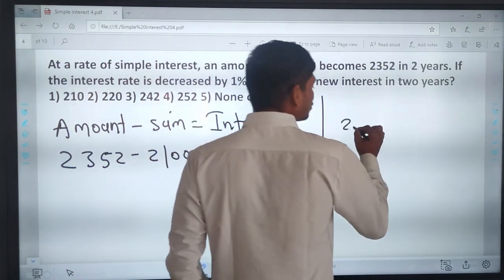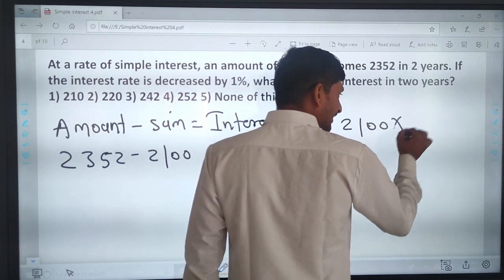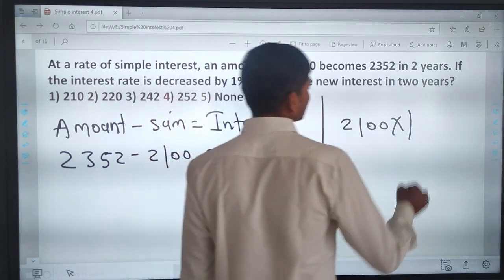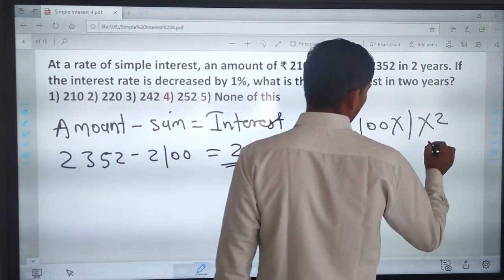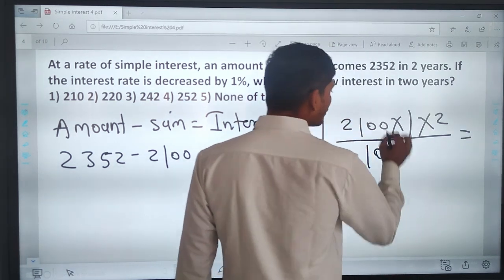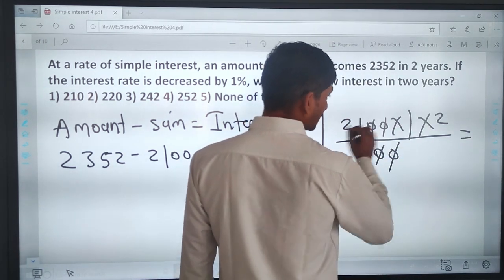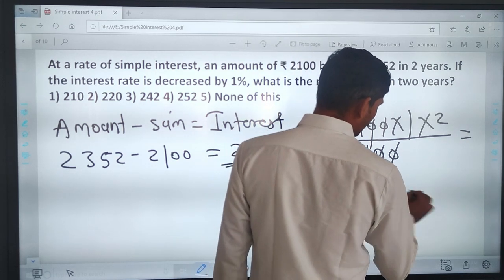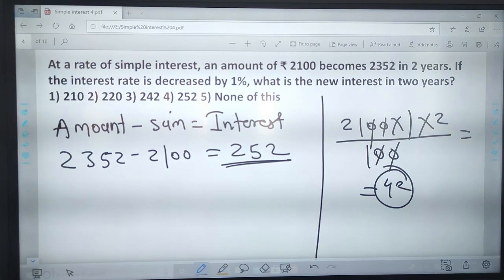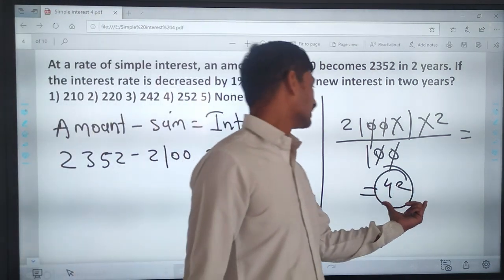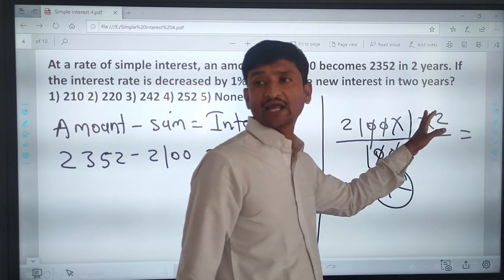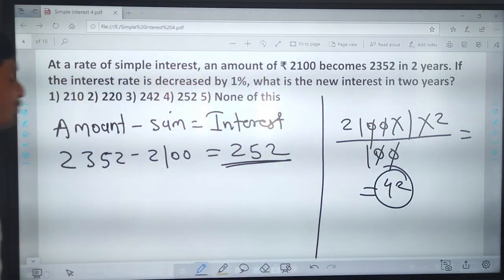Then your sum is 2100. Then the interest rate is decreased by 1%. That is, we find the value of 1% for 2 years divided by 100. Now here 0 gets cancelled, 21 into 2 is 42. So the interest on 2100 at 1% for 2 years is 42.